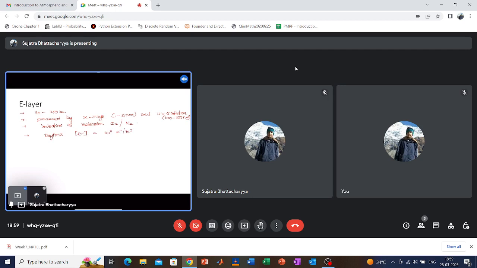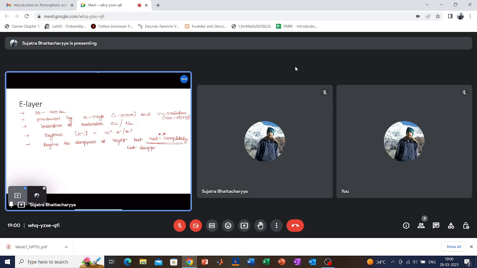Nighttime it disappears. But E layer also begins to disappear at night, but not completely. Remember this. It is not disappearing completely.